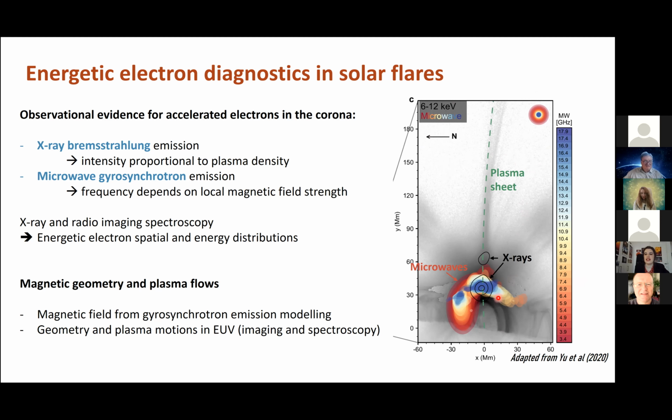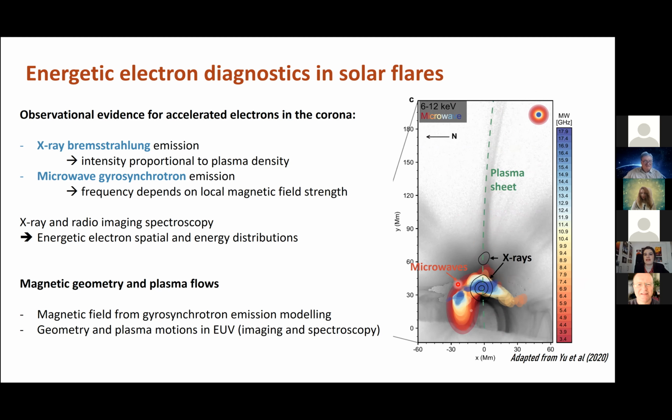We see a dense loop, and also a structure that is a plasma sheet, which we believe also carries the current sheet for the reconnection process. It extends even higher than what we see in this image.